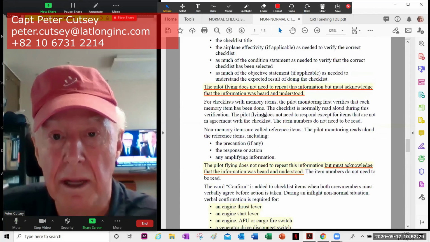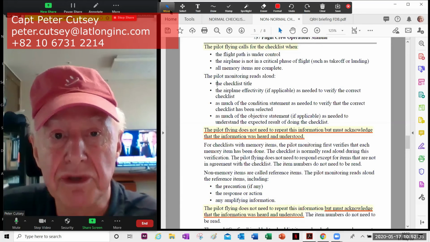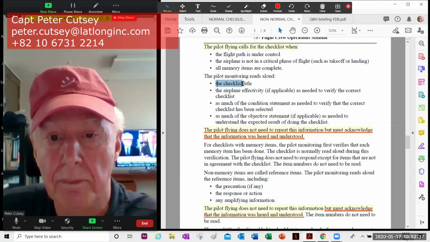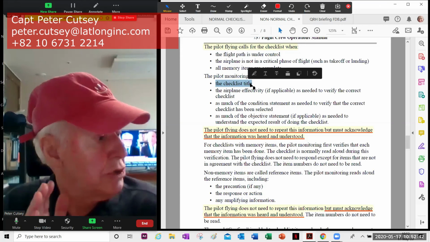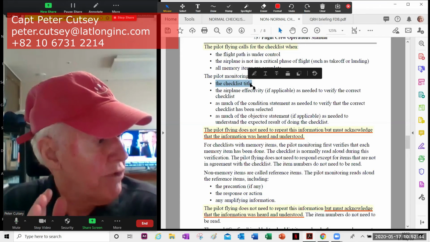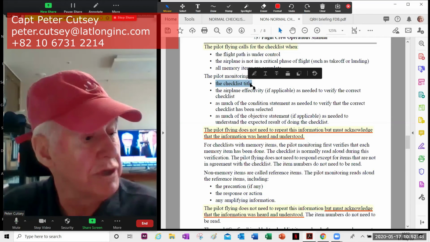The pilot monitoring reads aloud the checklist title. So some people have a procedure of pilot monitoring actually physically showing the checklist to the pilot flying, so the pilot flying can quickly look over and confirm the checklist.